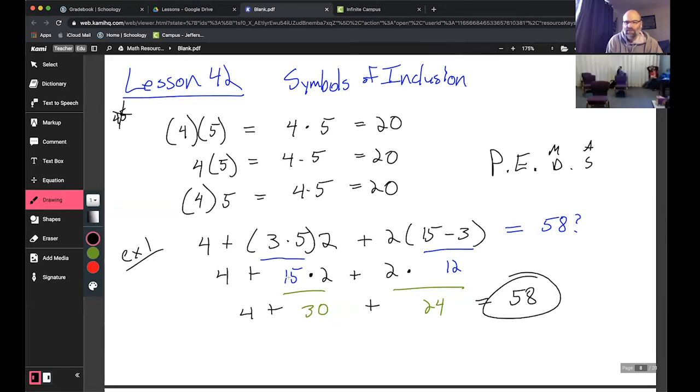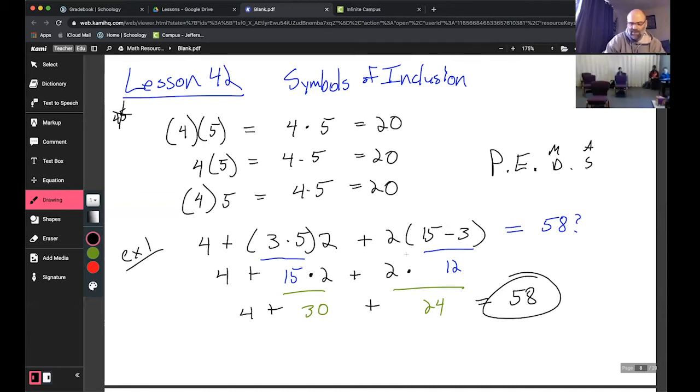Yeah, you do go left to right, but within the operation. So do the multiplication and division before addition. Probably what your brain did is you went left to right in your head, 4 plus 30 plus 24. So your brain is already being trained to do things in order of operations. That's good. All right, let's try another one.